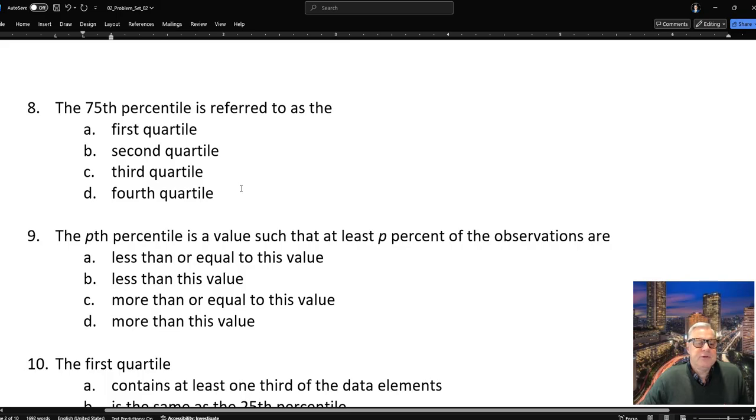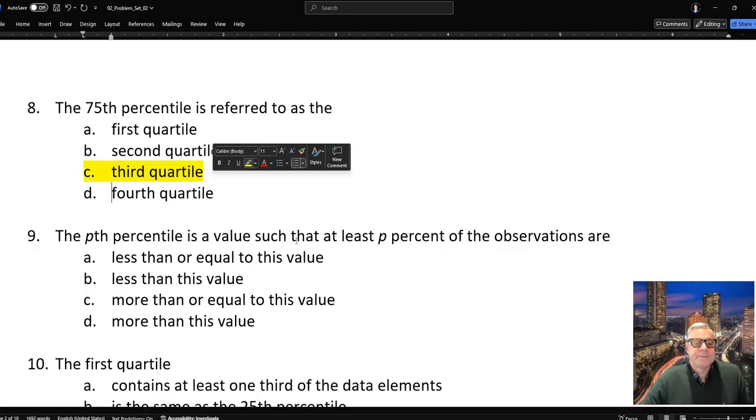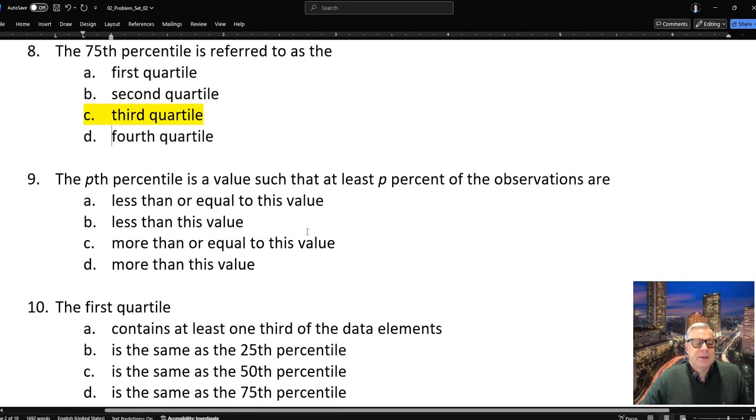The 75th percentile is referred to as the first quartile? No, that's the 25th. Second quartile? That's the 50th. It's the third quartile. The pth percentile is a value such that at least p% of the observations are less than or equal to this value.